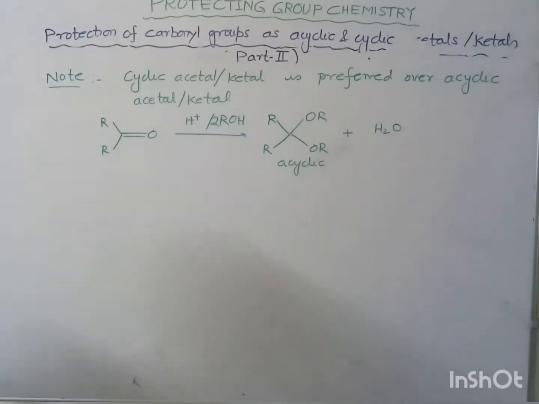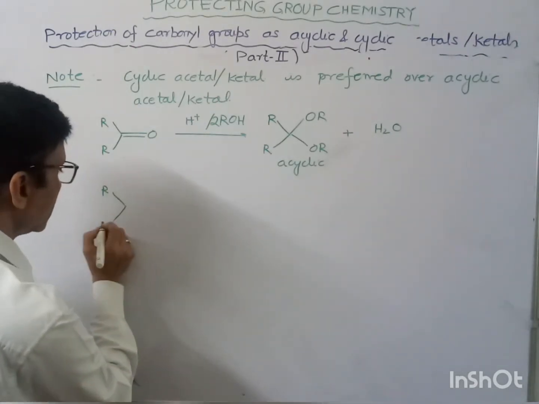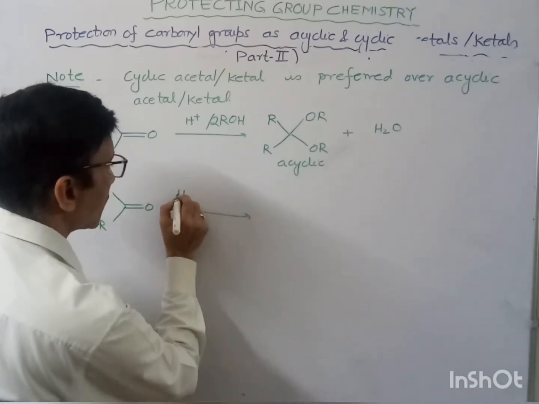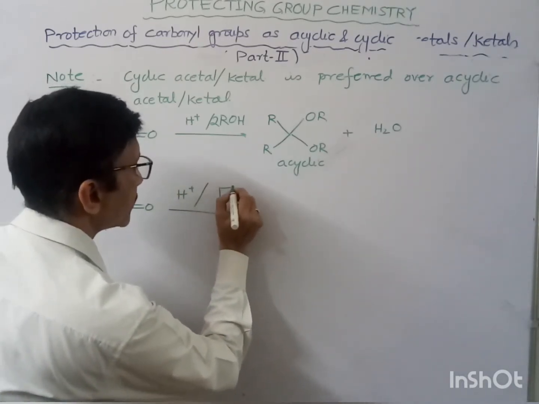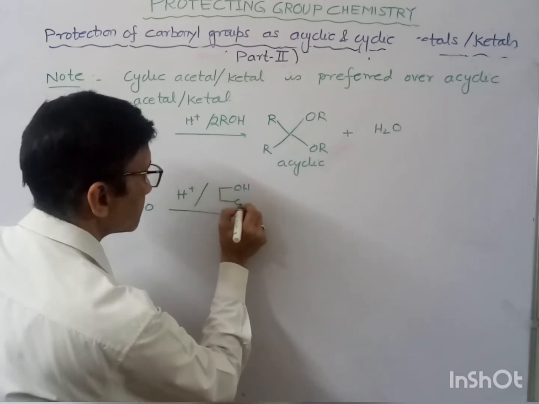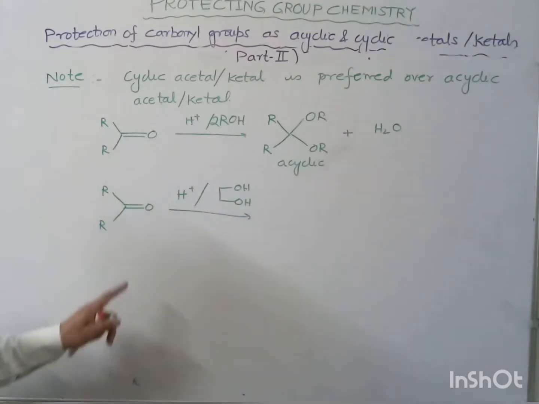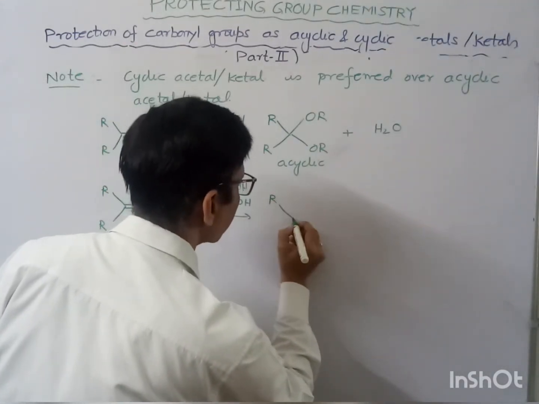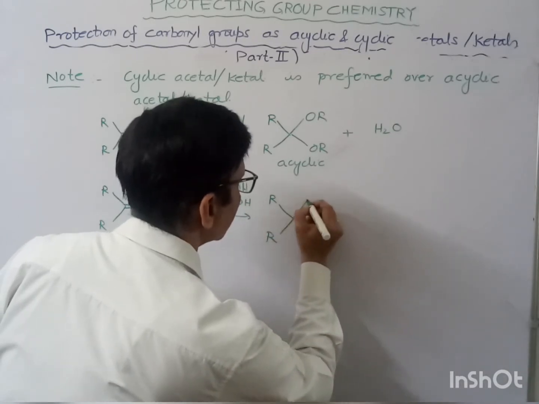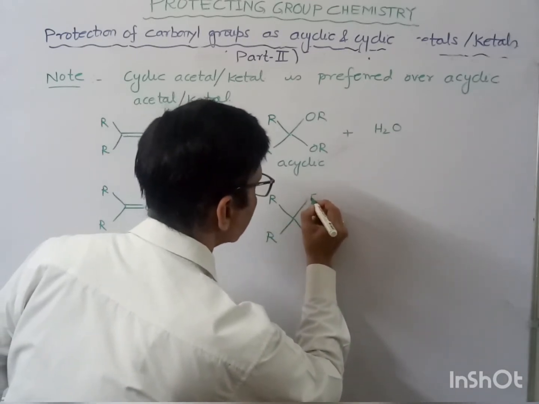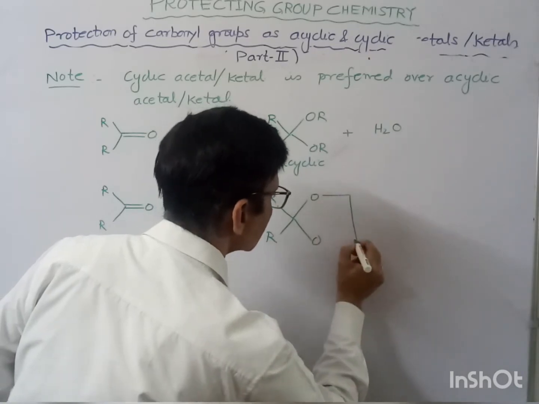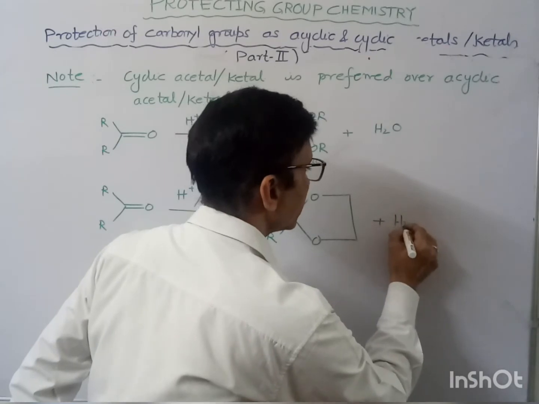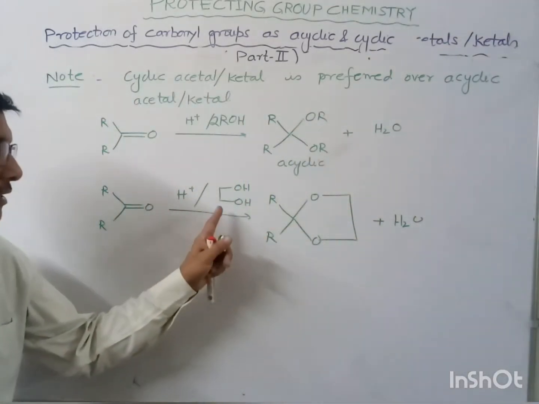Now if you are protecting it in a cyclic manner, let's see the difference. Here we are getting a 5-membered ring, or we may get a 6-membered ring if we take a 1,3 diol.